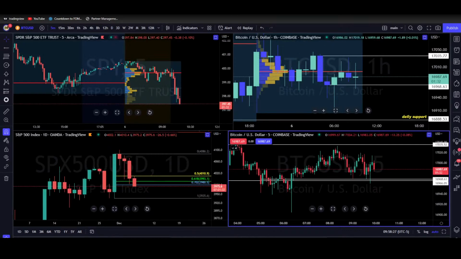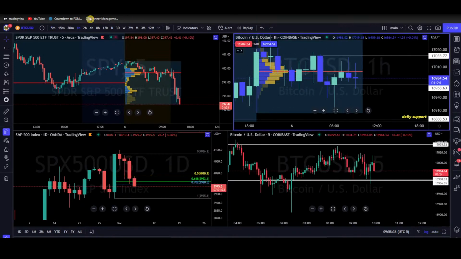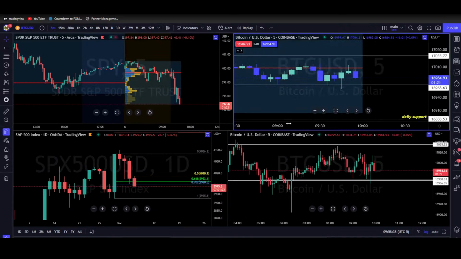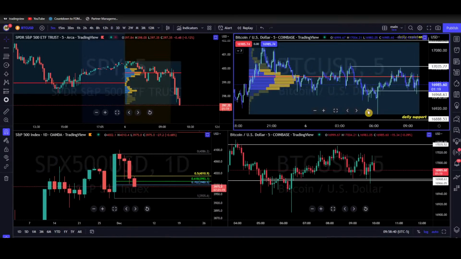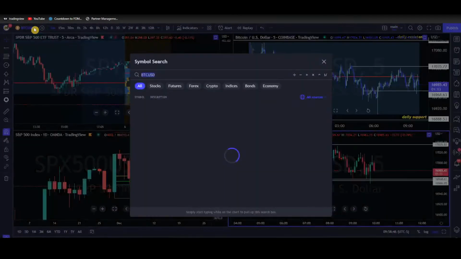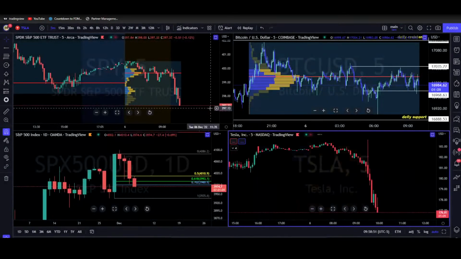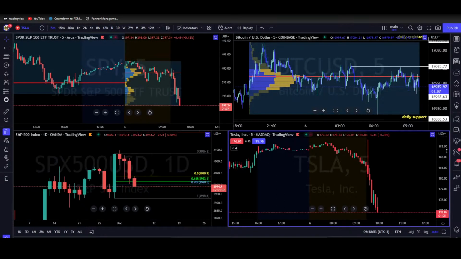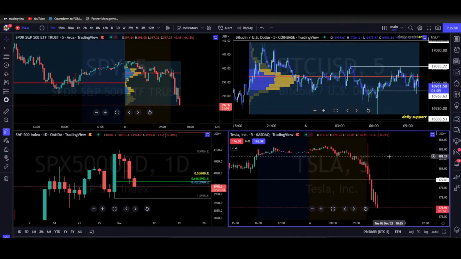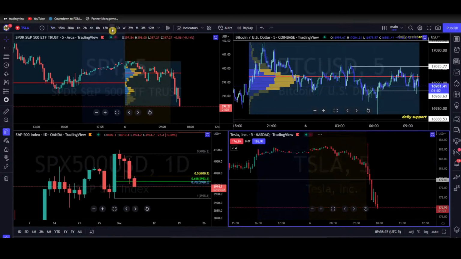Tesla has a gap fill between 170 and 172. You don't see a lot of volume building in here, but let's get Tesla up over here. Ooh, Tesla's getting pounded. Pounded like ground beef.